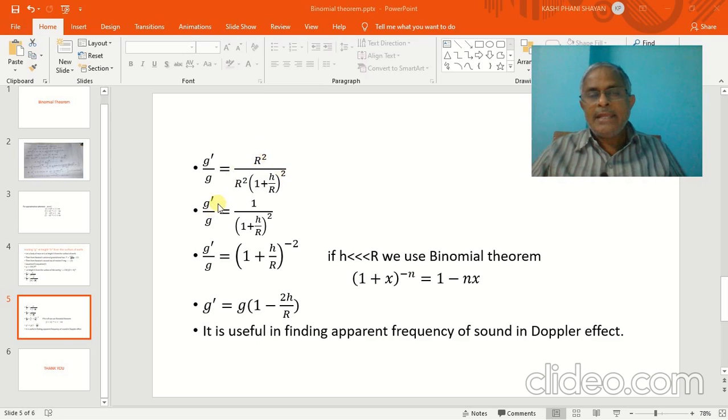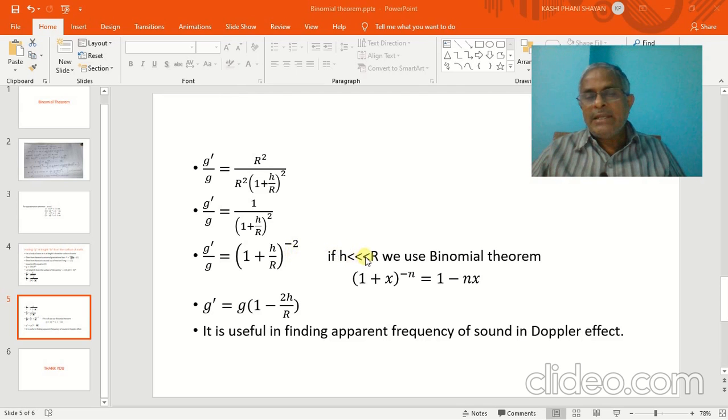You can rewrite as g dash by g is equal to 1 by 1 plus h by R whole square. In the denominator you have power 2. When you take it to the numerator, it becomes minus 2.